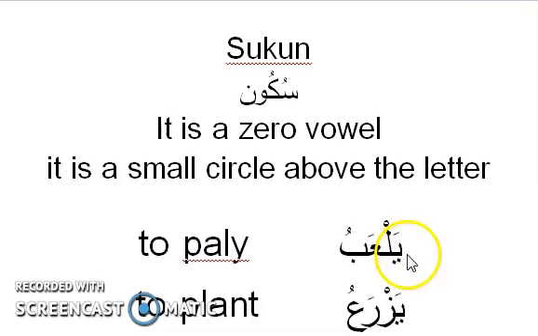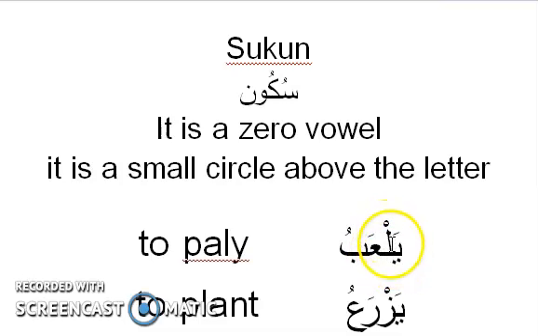But first, we have to know that this letter is ya with two dots. This ya has a slash on the top of it, so when you see a slash on the top of ya, pronounce it as "ya." And then you say "yal," and then you see lam.